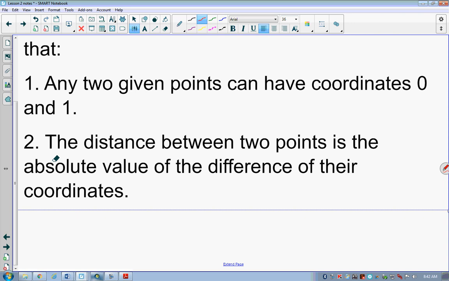Meaning that if I draw a segment and put it over here, even though this coordinate section has a negative x value but a positive y value, or if I put a line down here, that's negative x, negative y, the distance is always going to be positive because distance is always positive.